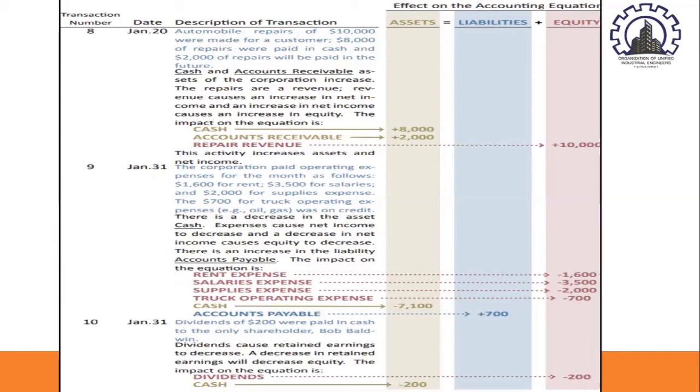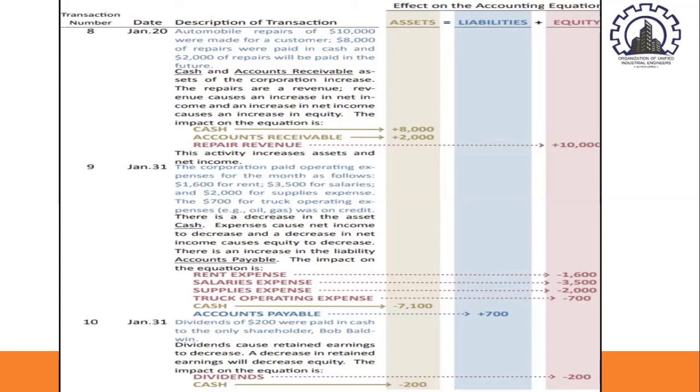Okay, so there is an agreement here. You will only be paying a down payment of 8,000 in cash, and the rest will be paid at a future date. So cash and accounts receivable, assets of the corporation, increase.